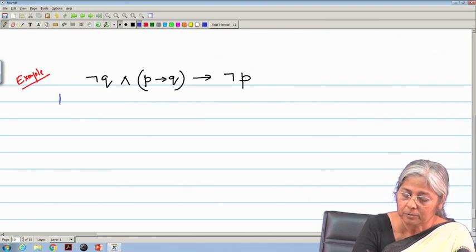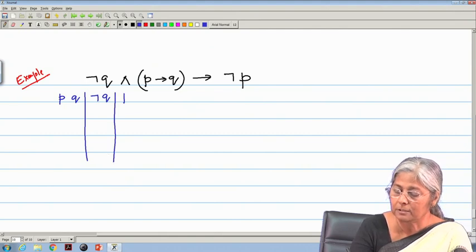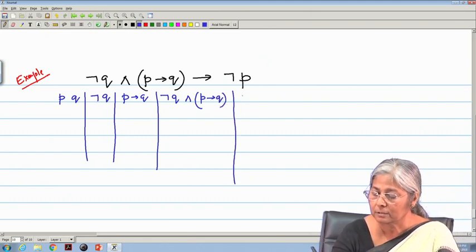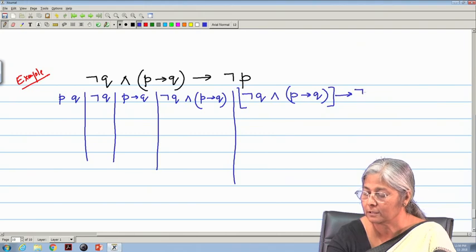Again if we write p, q, then I need negation q, I need p implies q, and negation q and p implies q. Then together the final implication, negation q and p implies q implies negation p.